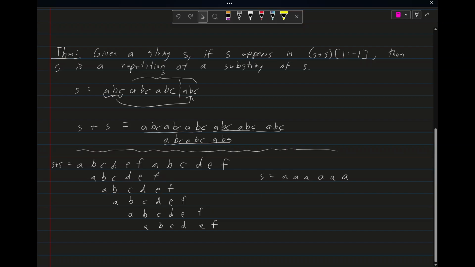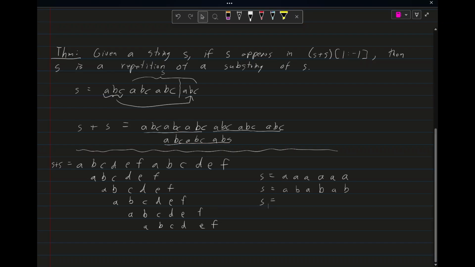So what we actually have is S equals A, B, and then C equals A, and D equals B, and E equals A. I'm going to write this so that it lines up. And then F equals B. Okay, so that's what it looks like in this case.